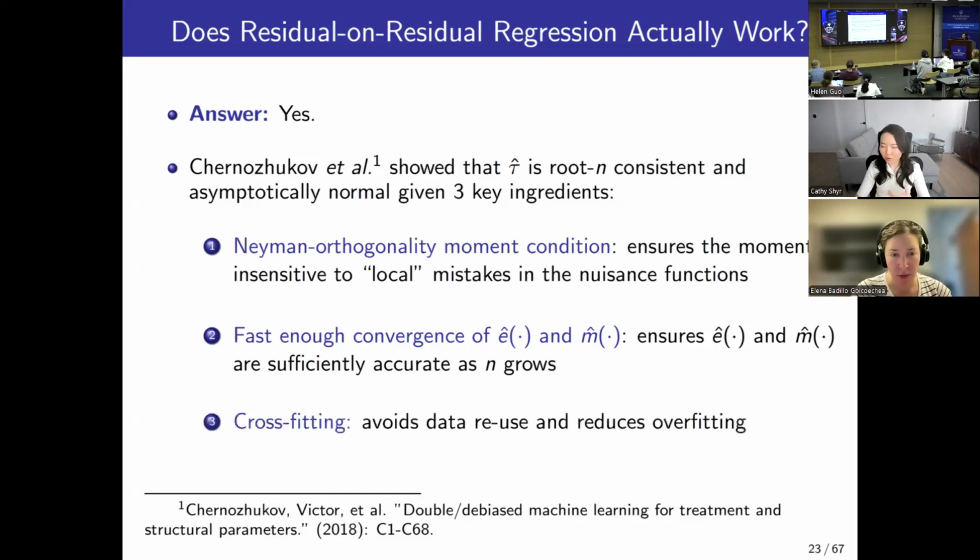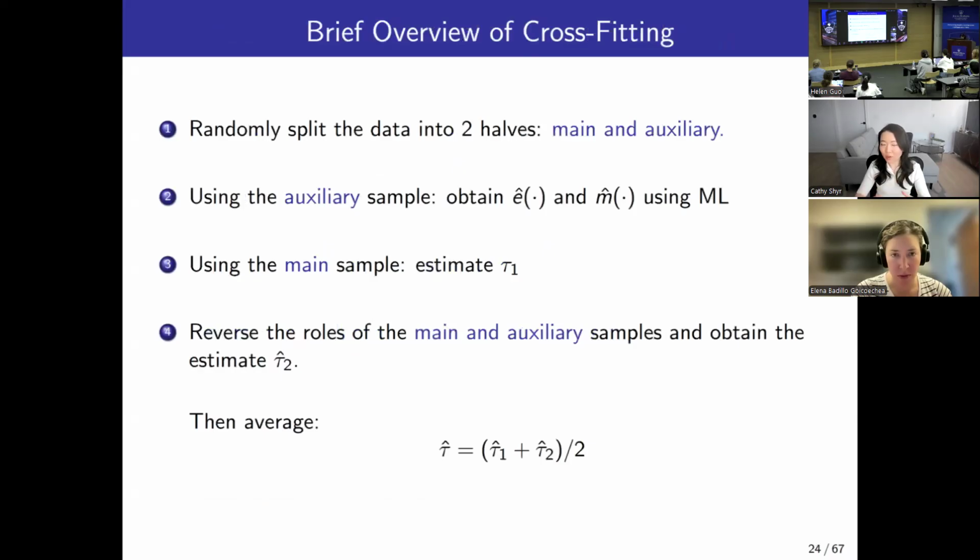Last but not least, to address the issue of data reuse, he talked about a sample splitting approach called cross-fitting. I want to give everyone a quick overview of how cross-fitting works. The idea is that we randomly split the data into two halves, the main sample and the auxiliary sample.